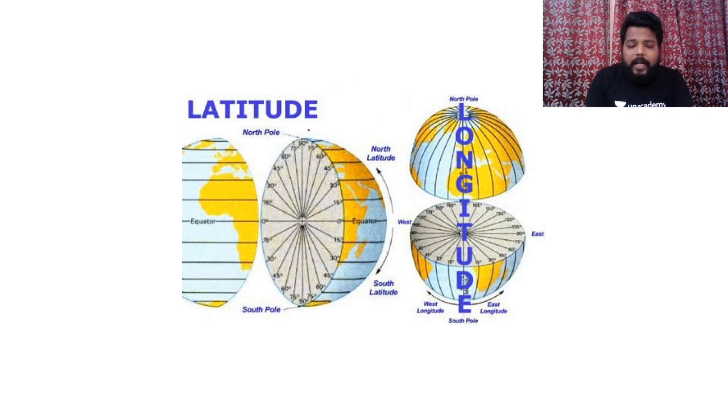See, latitudes are imaginary. Here it is latitude. So these all are latitudes, imaginary horizontal lines on the earth's surface.